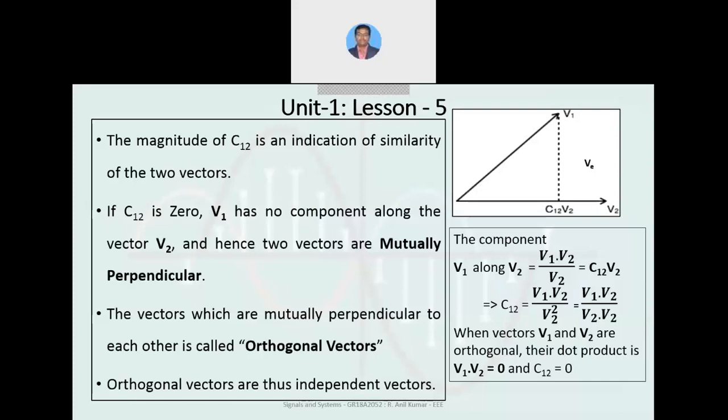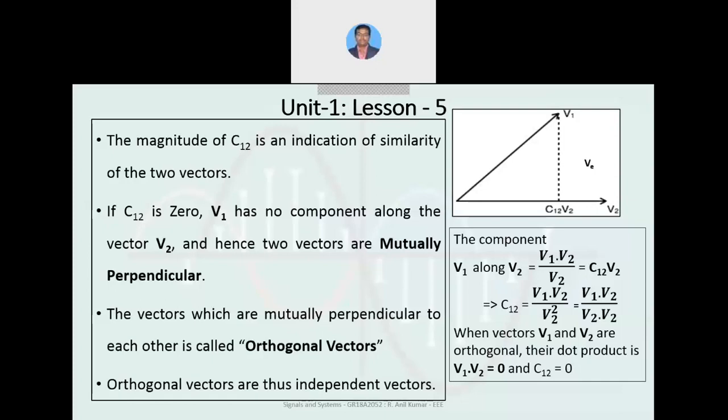Here we are expressing another formula, which you can see on the right side below the figure. The component of v1 along v2 is v1 dot v2 by v2, which is c12 v2, or c12 can also be expressed as v1 dot v2 by v2 square. In other words, we write v2 square as v2 dot v2. Here v1 and v2 are represented with a dot product, v1 dot v2.